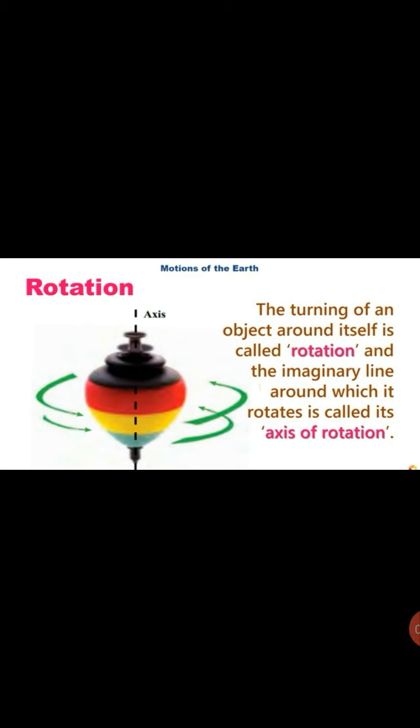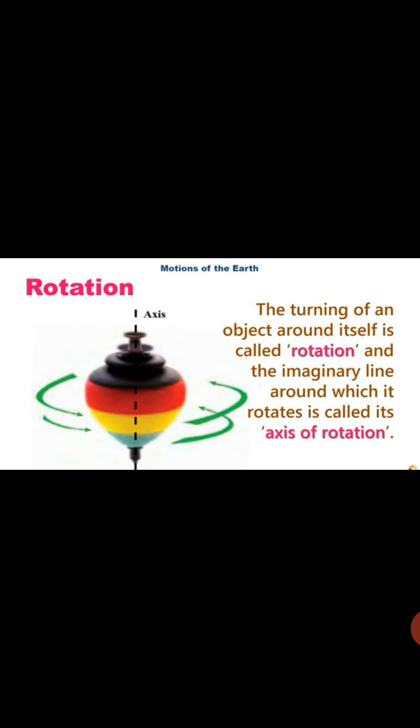So students, the turning of an object around itself is called rotation, and the imaginary line around which it rotates is called the axis of rotation. An object that turns about itself actually turns around a certain imaginary line. As you can see in the picture, there is an imaginary green line, an axis line.